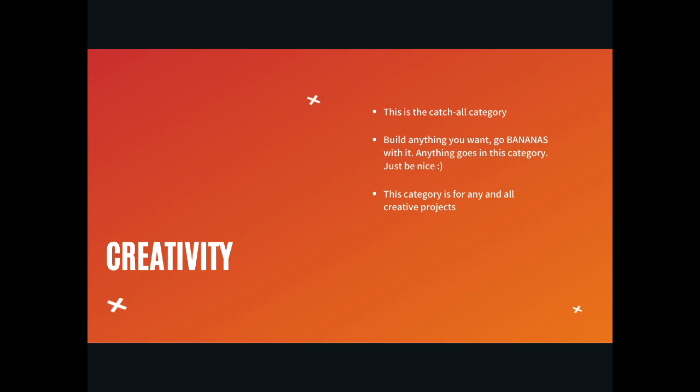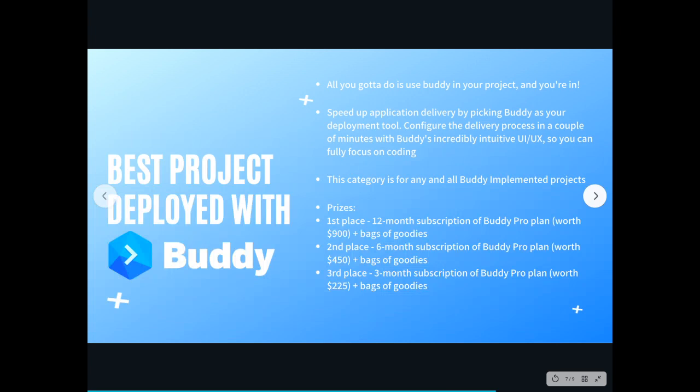And then we have our sponsor categories. Right here, Best Project Deployed with Buddy. What Buddy is, it's something you use in your development process. You can make it so that when you push something to a GitHub branch, it will take that and deploy it straight to your website or app.